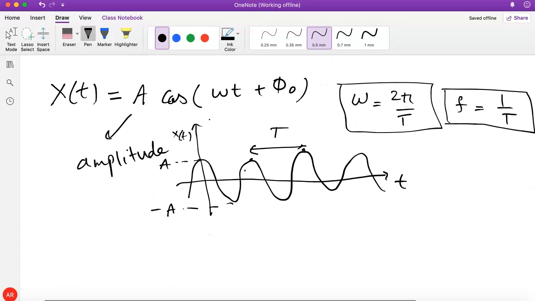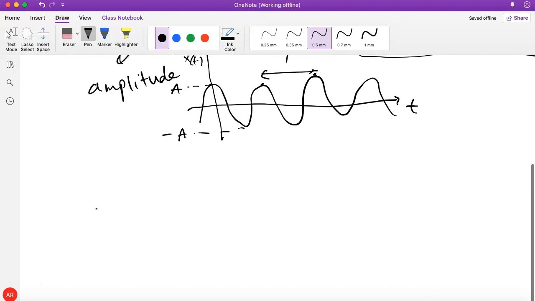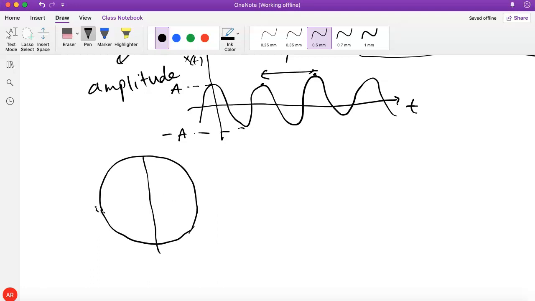All right, so we had these. There was the geometric way of visualizing this motion, which was thinking about circular motion where you rotate around the origin with constant angular velocity omega. So let's say you start at some angle phi naught and you keep going.